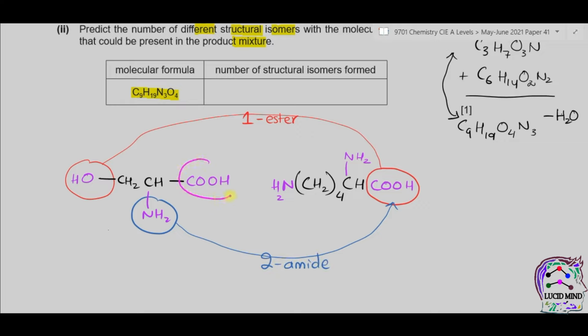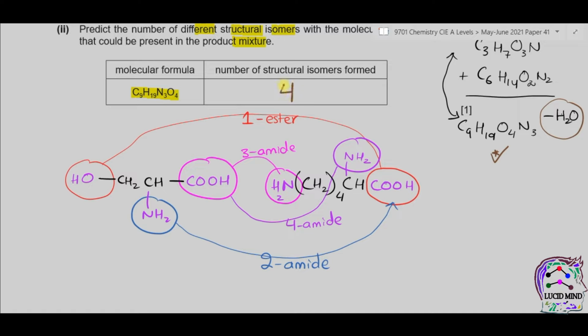Then we have this carboxylic acid which can react with this NH2 to form another amide. And we can see that this carboxylic acid can also react with this NH2 to form another amide. In each one we have chosen just one functional group so that one water molecule is released and the molecular formula will be this one. So in total we have 4 structural isomers that are formed through this molecular formula.